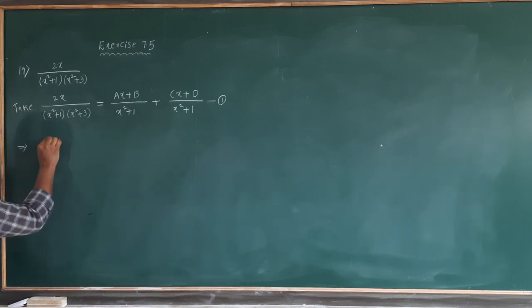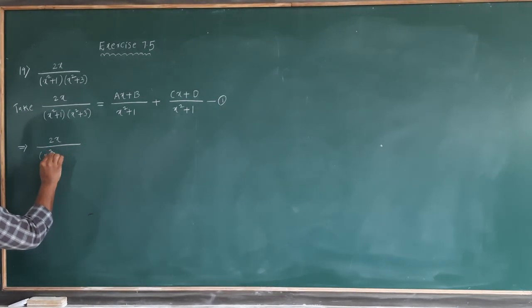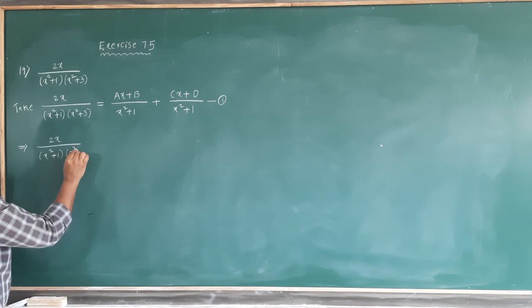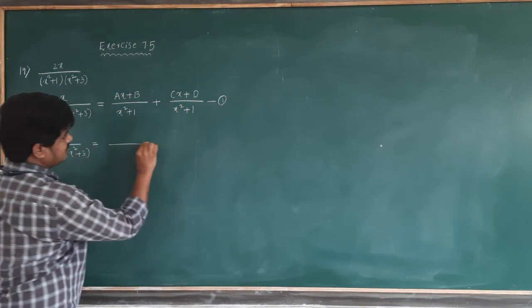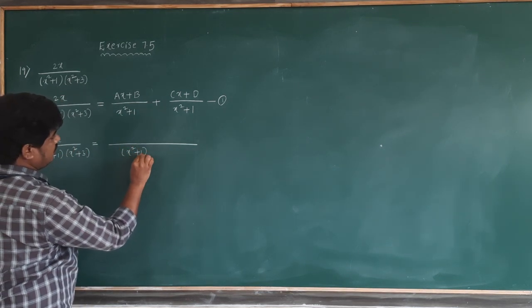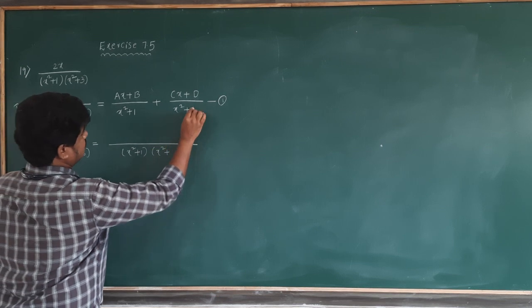Now 2x divided by (x square plus 1) into (x square plus 3) is equal, what is the LCM? (x square plus 1) into (x square plus 3).